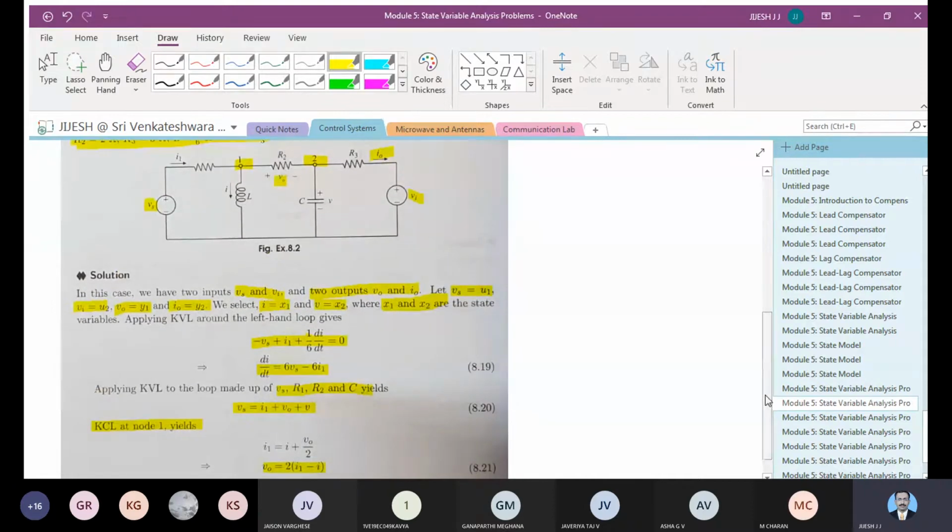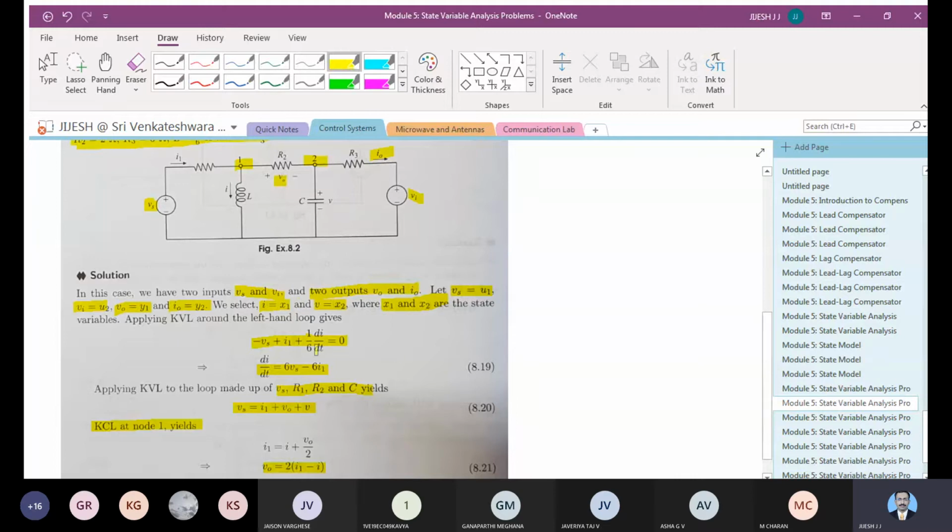What you have to understand here is you need to define the input variables as well as output variables. You have to define the state variables as well. So here I and V are considered as the state variables, when you define I is equal to x1 and V is equal to x2.